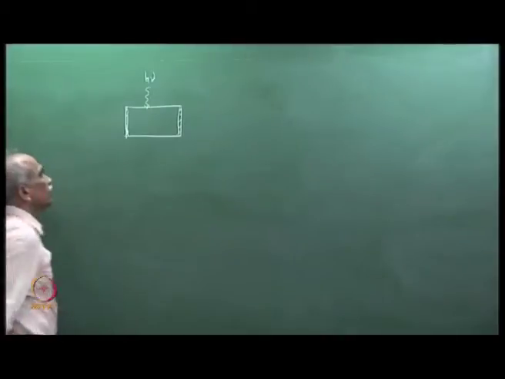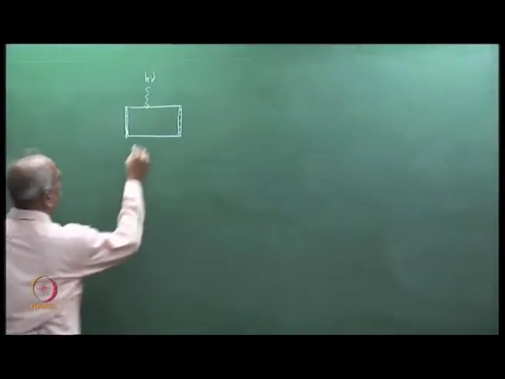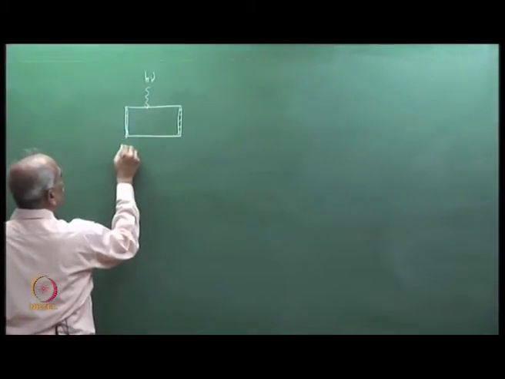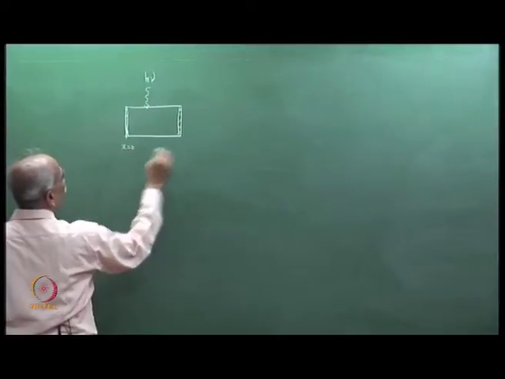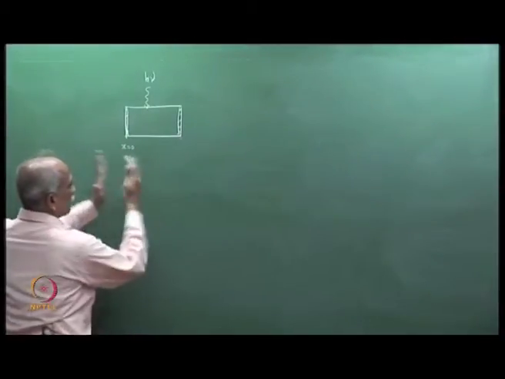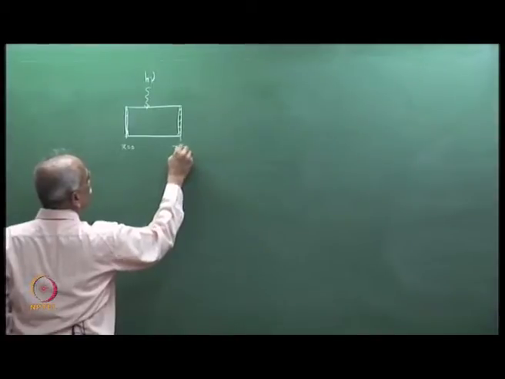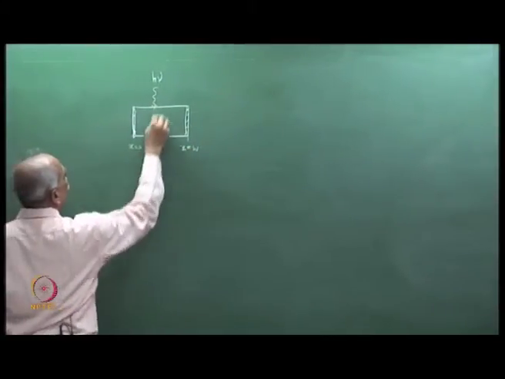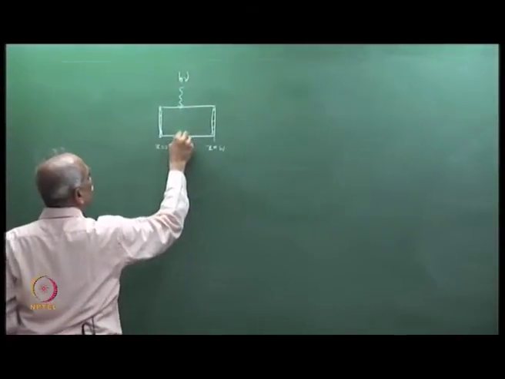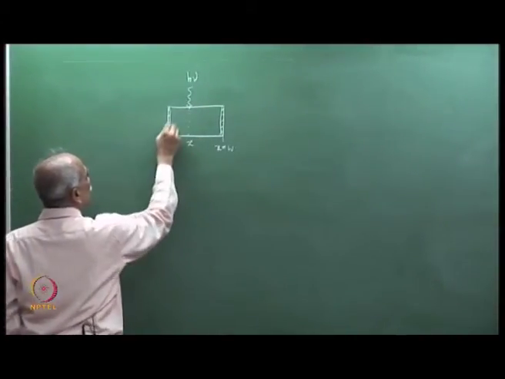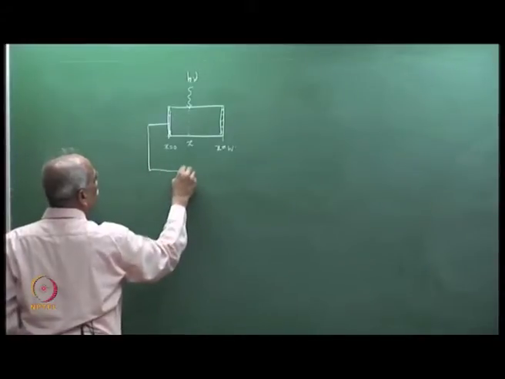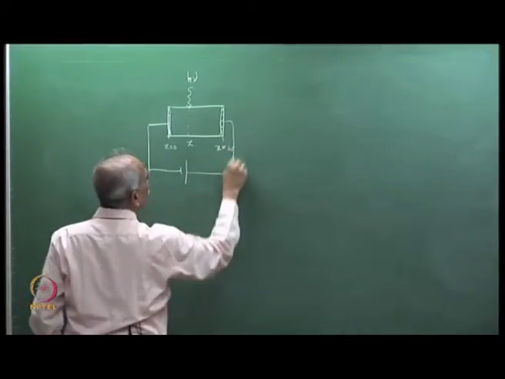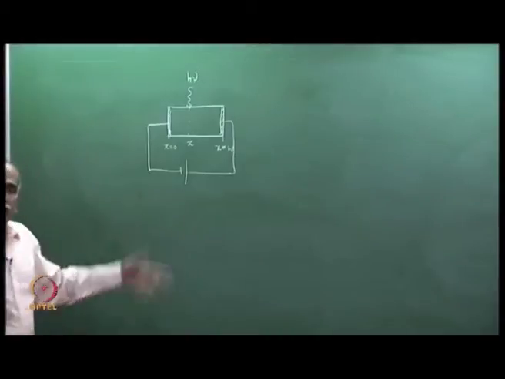Let us first start with the discussion of one photon incident, let this direction be x equal to 0 and the width of the detector be x equal to w. So, this is incident at some value of x, and we have a supply which is connected to sweep the generated carriers.